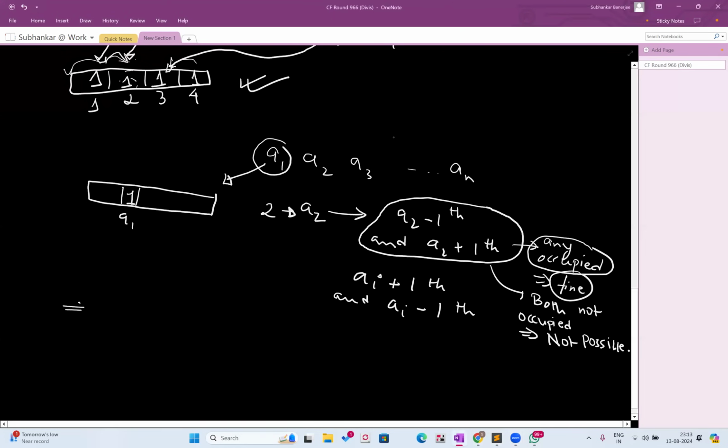So basically for any A_i, I'll check the (A_i minus 1)th seat and the (A_i plus 1)th seat.